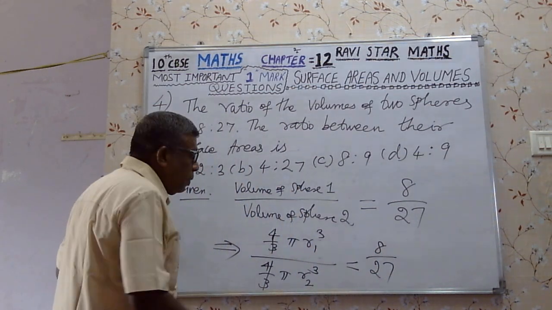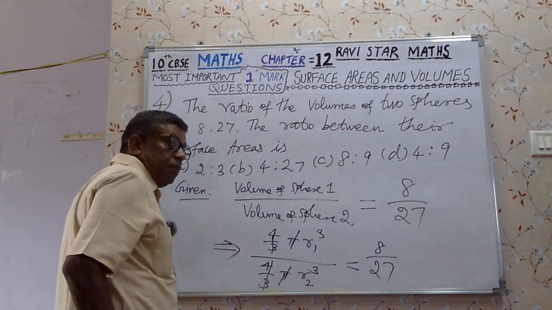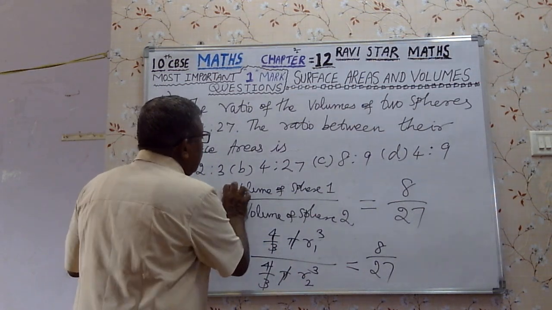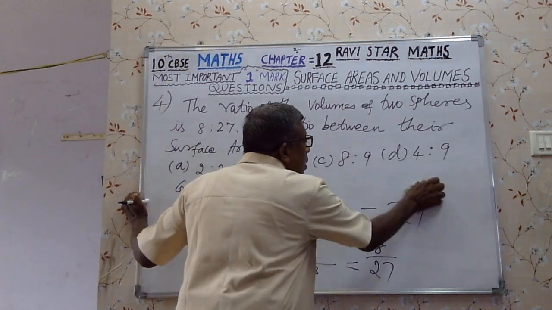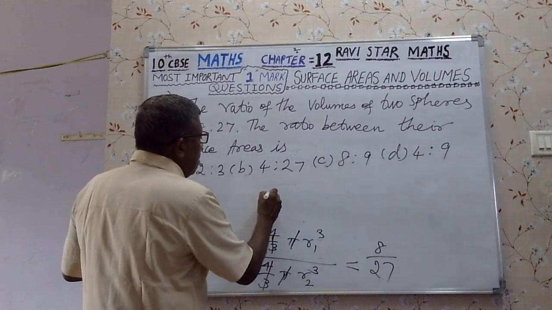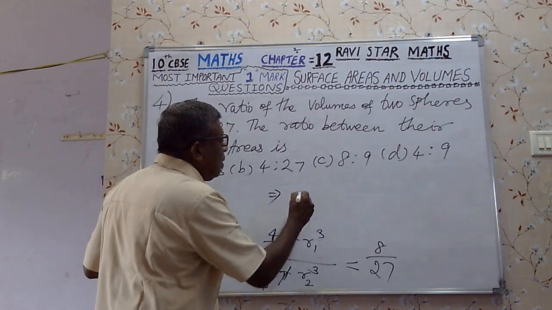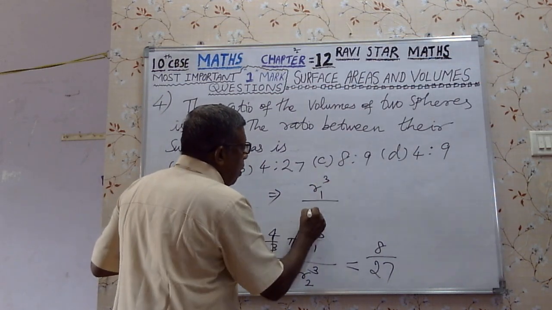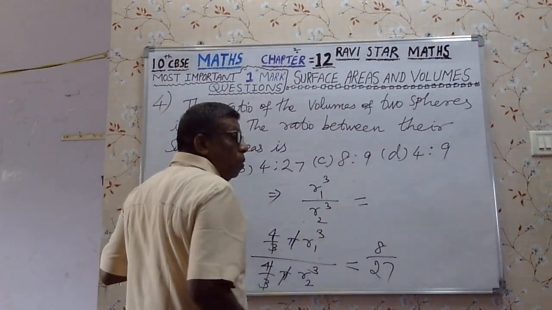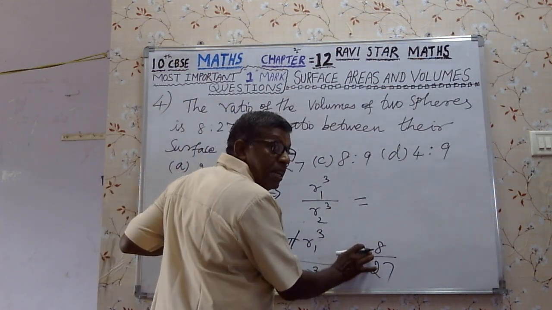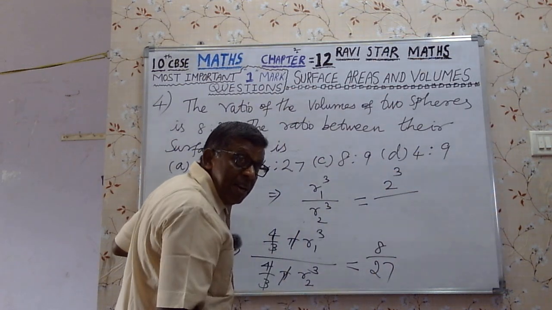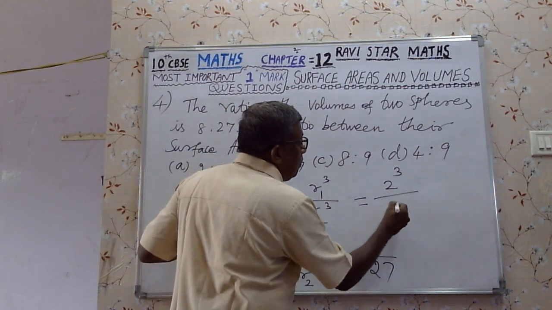4/3 cancels, pi cancels. Next step. Which implies r1 power 3 by r2 power 3 equals, 8 can be written as 2 power 3, and 27 is 3 power 3.